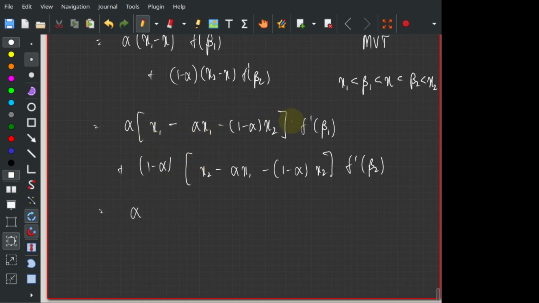If I simplify this, what do I get? It's going to be 1 minus alpha times x1 minus x2, or if I want to write it a little differently, minus of x2 minus x1, times f prime of beta 1, plus 1 minus alpha times, what is this going to simplify to?